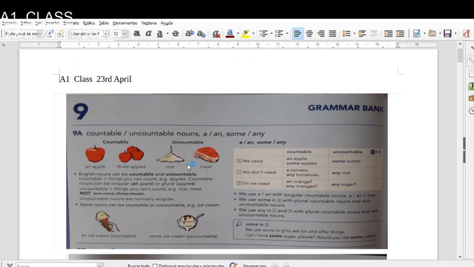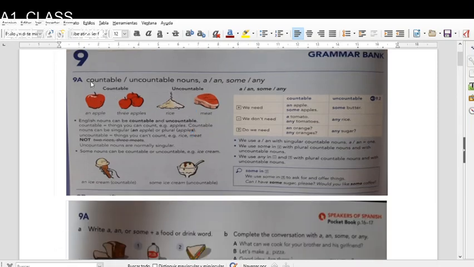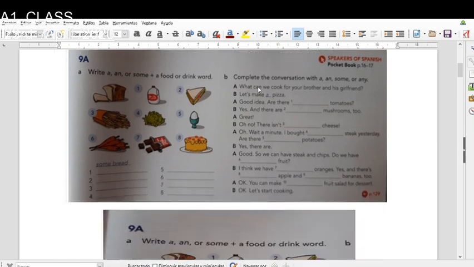Well, today you had Grammar Bank 9A, countable or uncountable nouns, a or an singular, some plural or uncountable in affirmative, any plural or uncountables, negative and interrogative. Well, let's start.